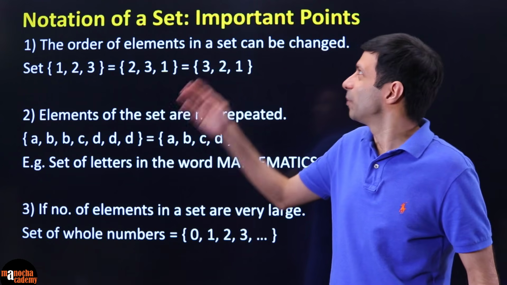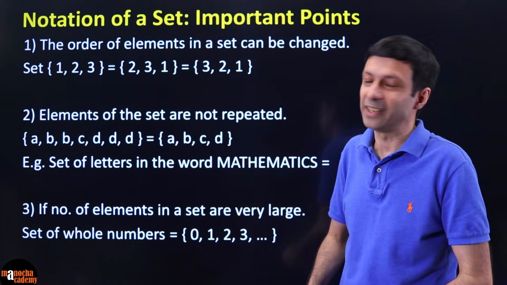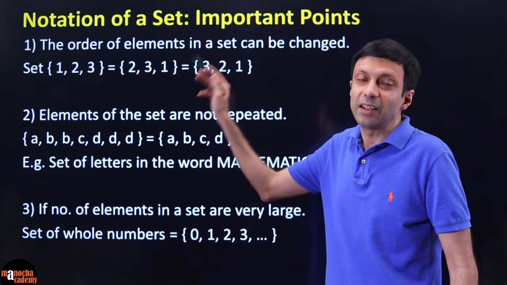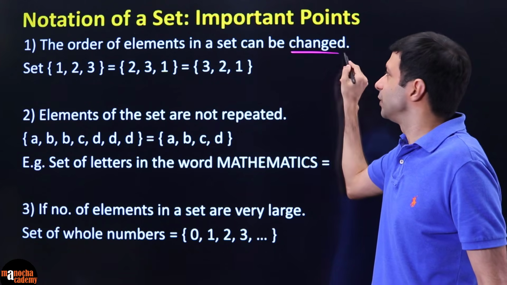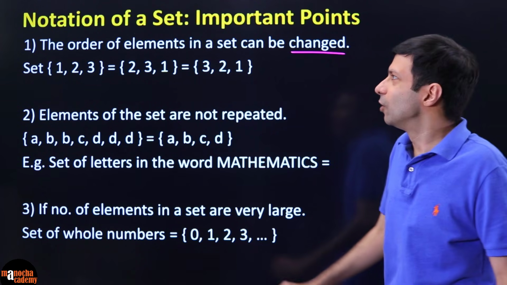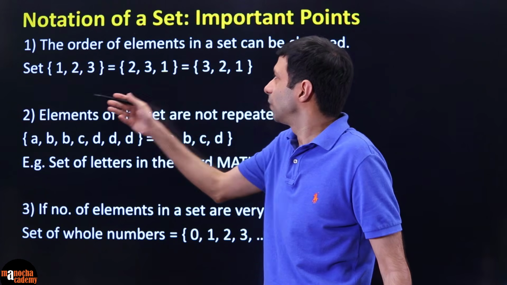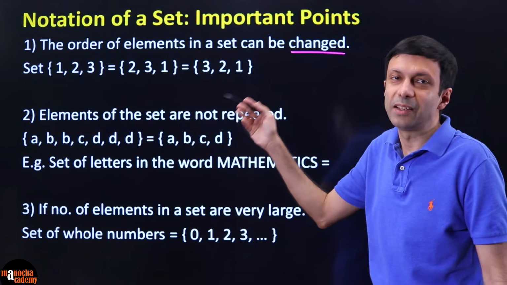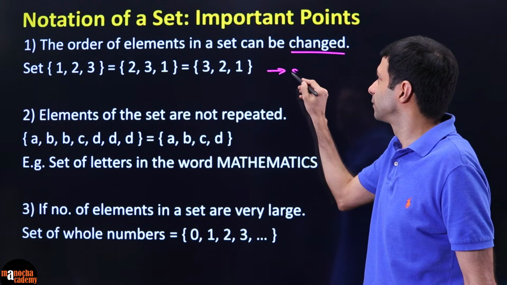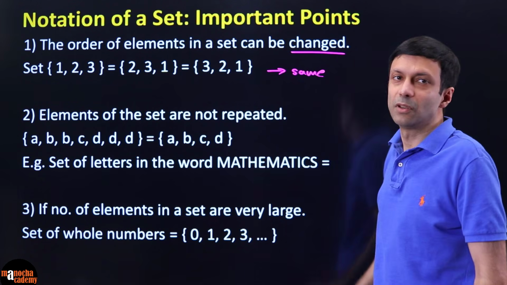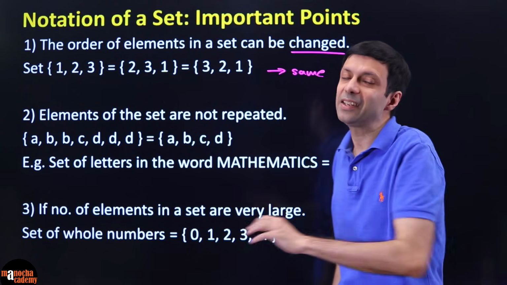Now let's discuss some important points on the notation of a set. When you're writing a set, the order of the elements can be changed. So order doesn't matter. You can write the set {1, 2, 3} as {2, 3, 1} or {3, 2, 1}. These are all the same. So remember, the order of the elements of a set does not matter.